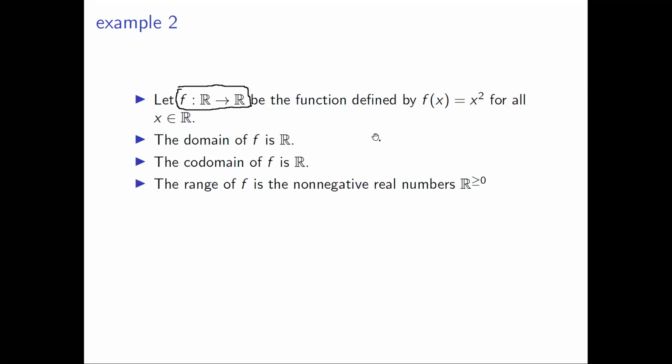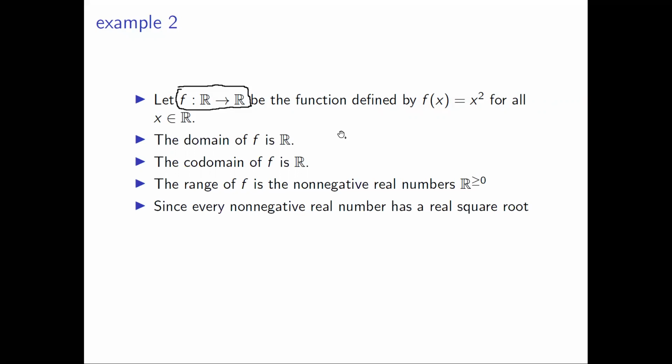The range, though, is more interesting than the last one. The range is the non-negative real numbers instead of all the real numbers. We can see that because if you take any non-negative real number, you can take its square root. If you plug that in as the input to f, you get the non-negative real number we started with as the image.